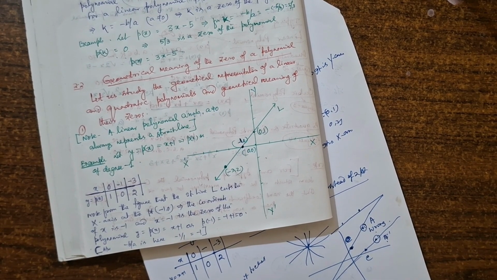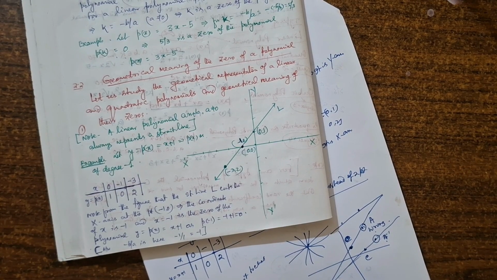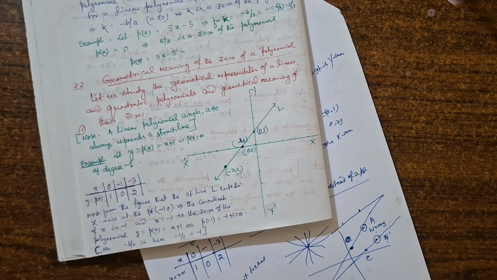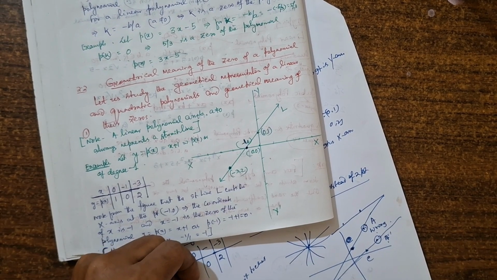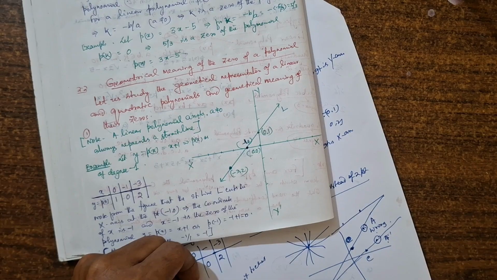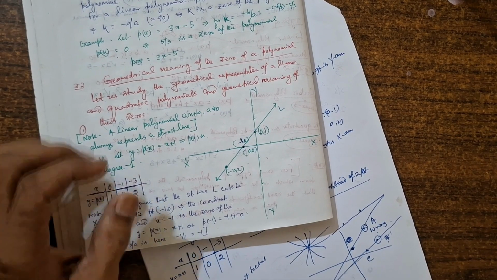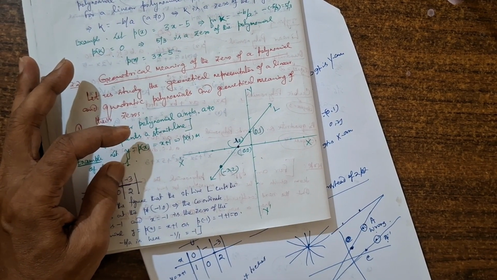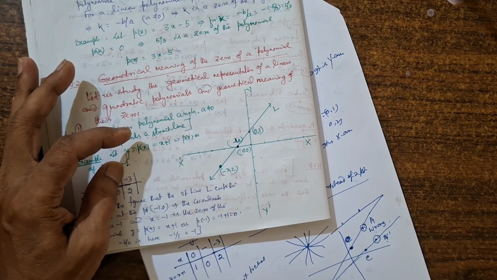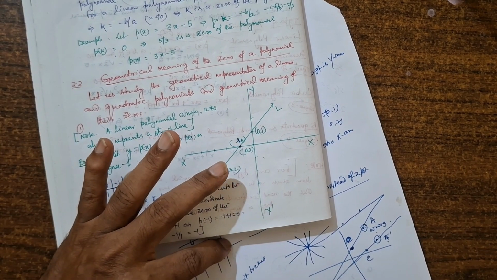At what value does the polynomial become 0? At the point minus 1, the polynomial becomes 0, because this point is taken as y, meaning p(x), that polynomial. So wherever the point is, any point (x, 0), x will be the 0 of the polynomial.